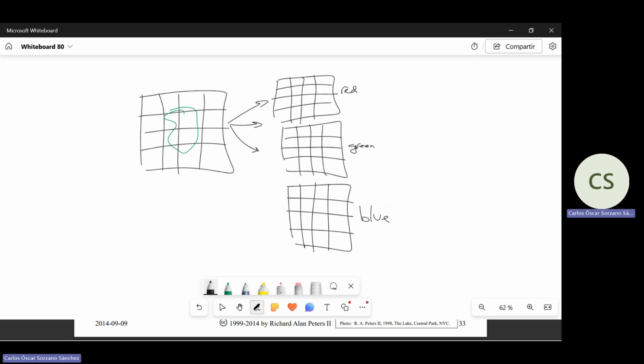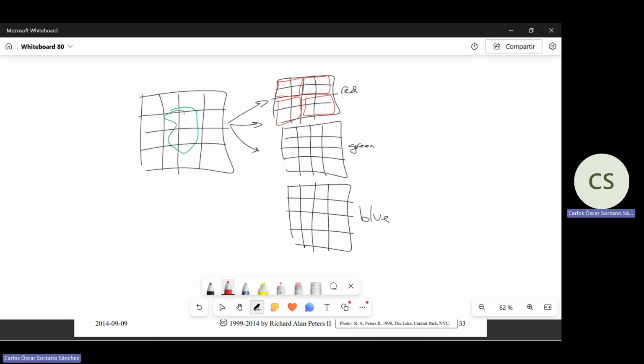Two of the channels we keep as they are. But for the red one, we compute the average of all those values, and then we put the average in all those 4 pixels.